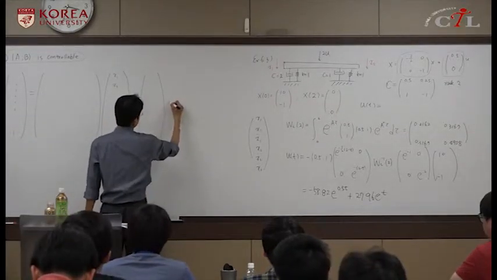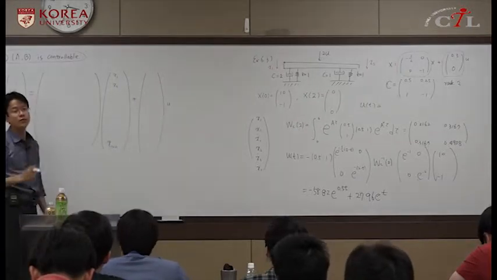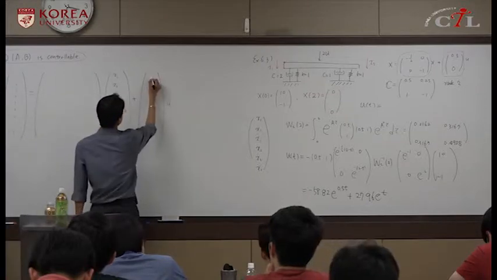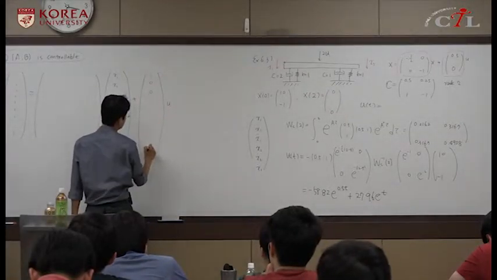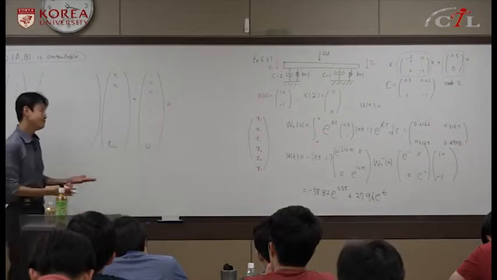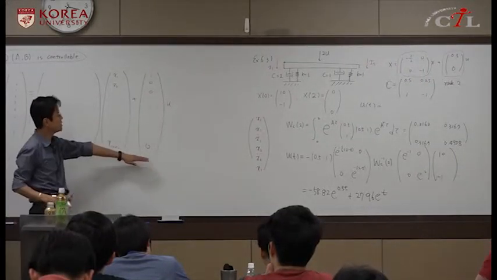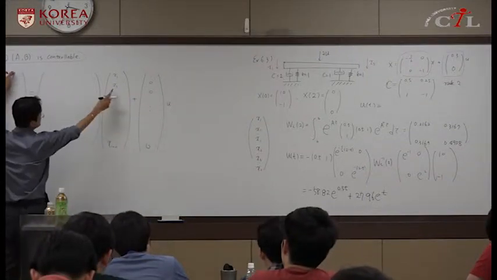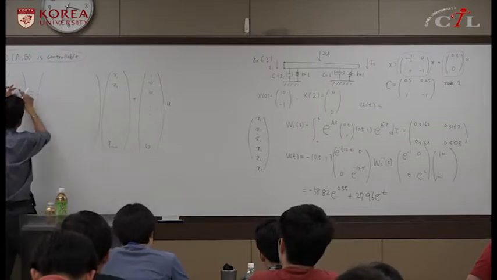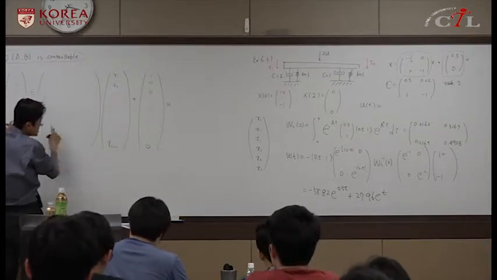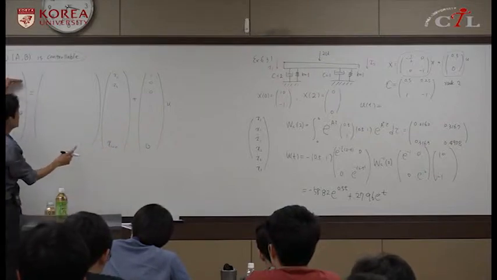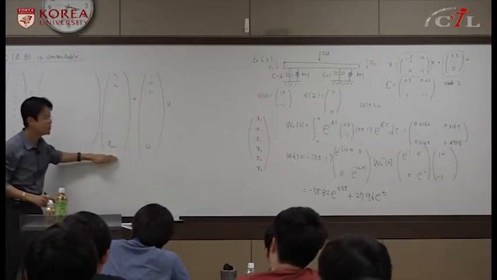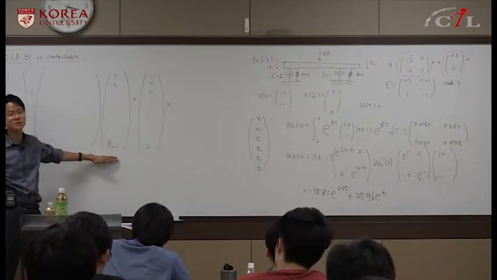Then, if there is a scalar input, just one input, and the matrix is given like this, well, they could possibly be controllable if the system matrix is related in a way that x1 is linked to x2, x2 is linked to x3, x3 is linked to x4, and x99 is linked to x1. If all the states are linked directly, nicely, then if I control the first state, all the states will be controlled. Okay, but that's a very special case.